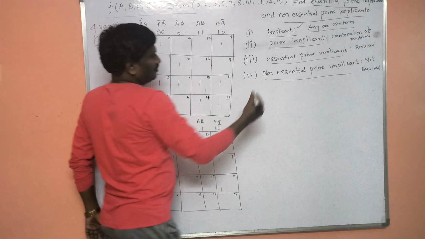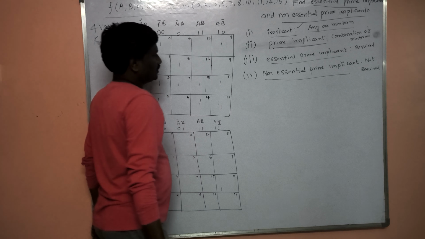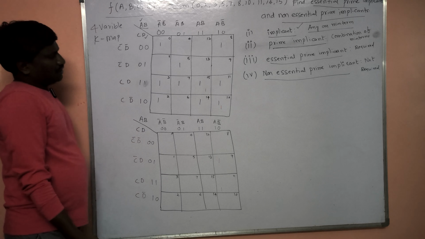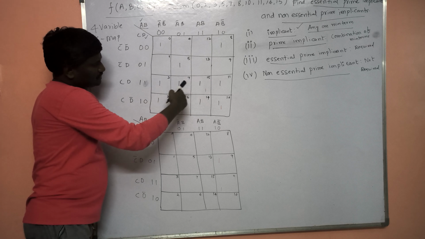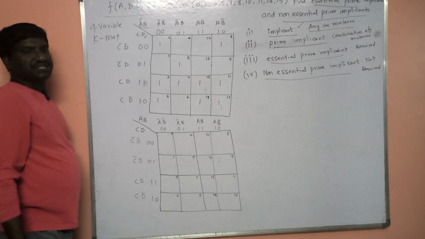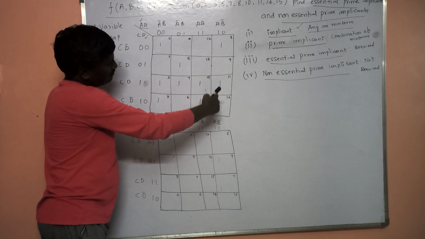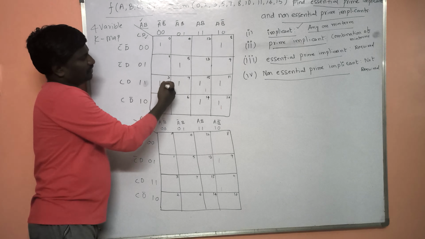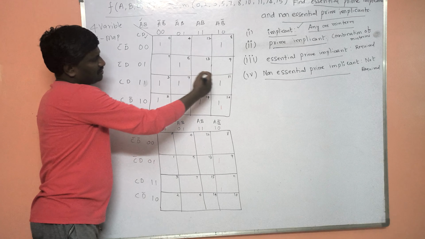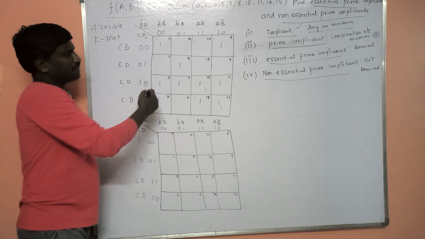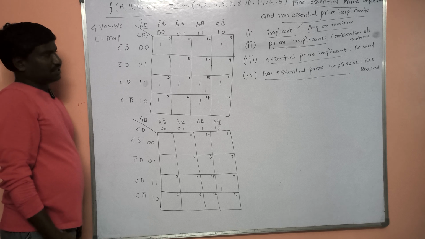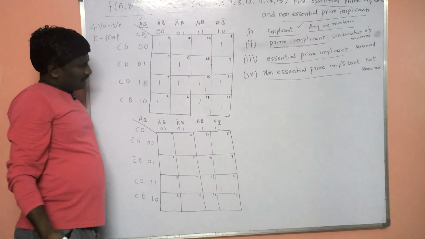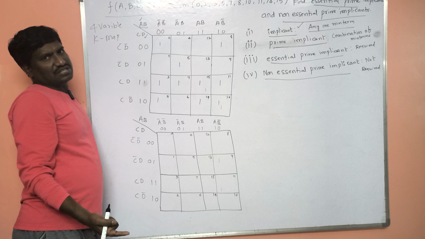Then what is meant by prime implicant? A prime implicant is a maximum possible number of ones combination. If I take this min term, what is the maximum possible number of ones for it?